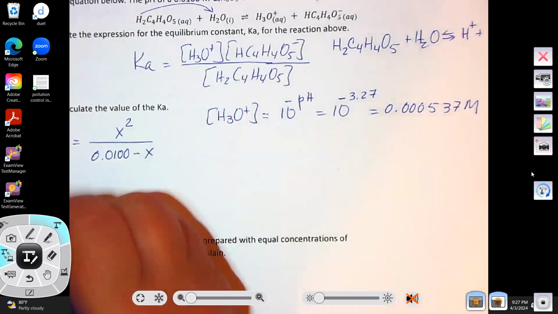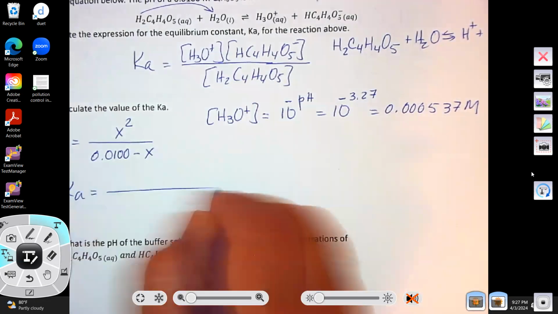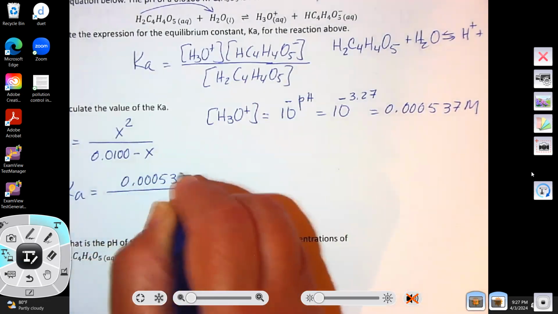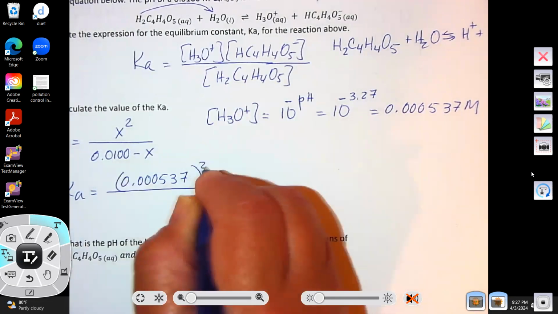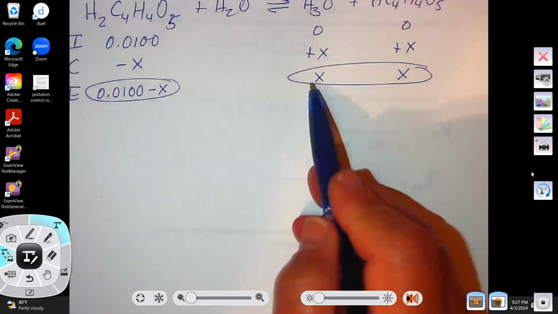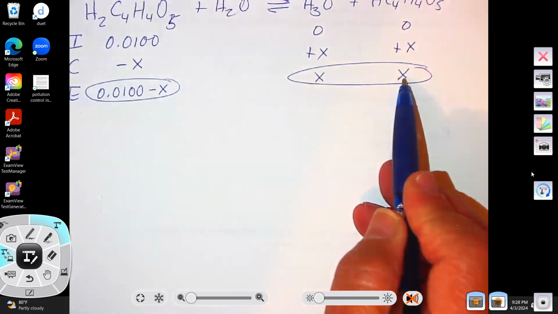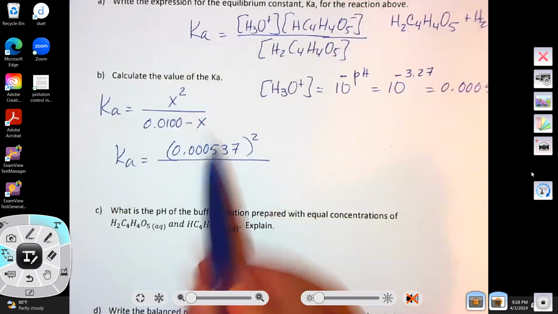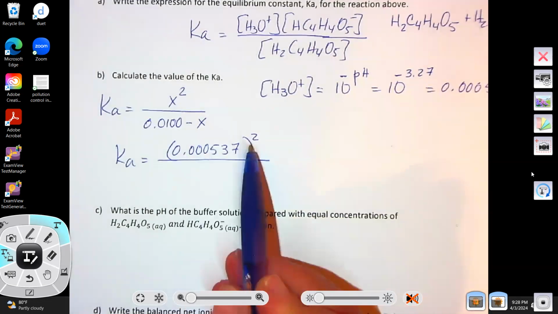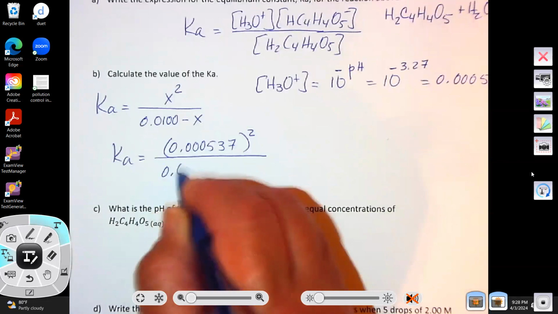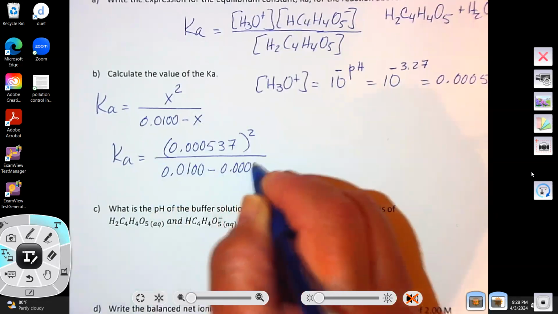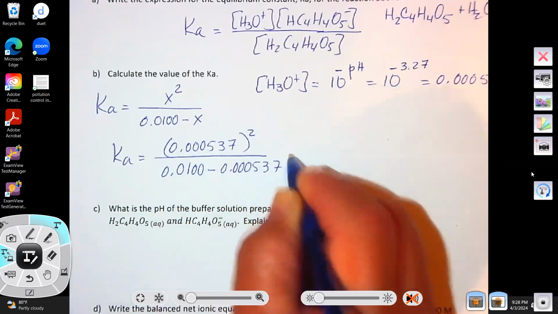So the Ka is going to be 0.000537 squared. Let me remind you why it's squared: because these two have the same value, your X's are the same, so you square that. The denominator is going to be 0.01 minus 0.000537.